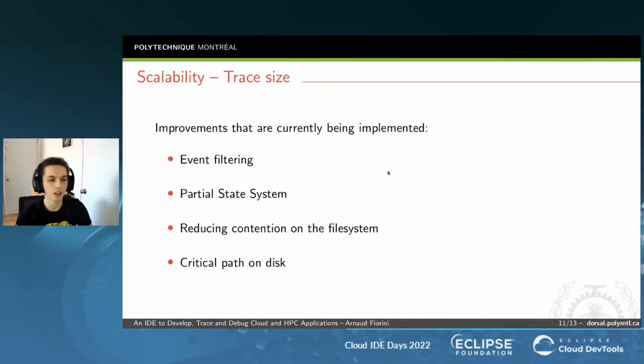And then in terms of scalability, we have two main challenges. One is trace size, because for some programs, the number of kernels executed is a huge number. For example, we can execute millions of kernels for one program.